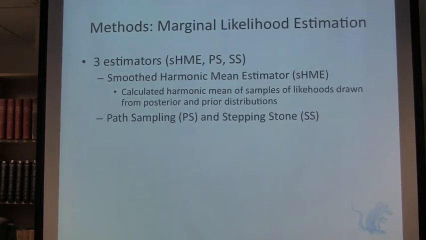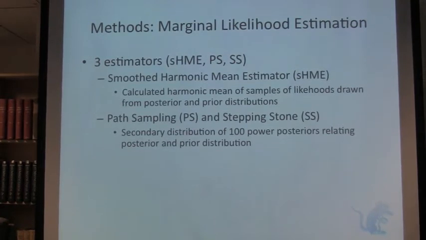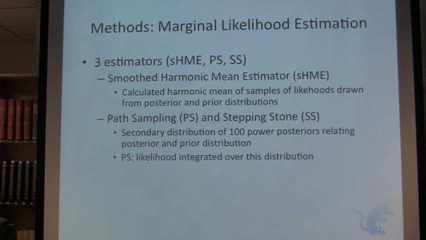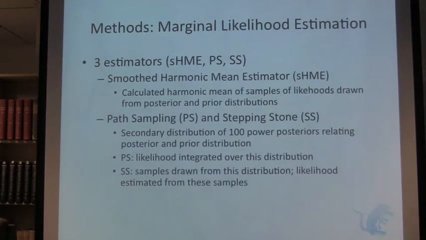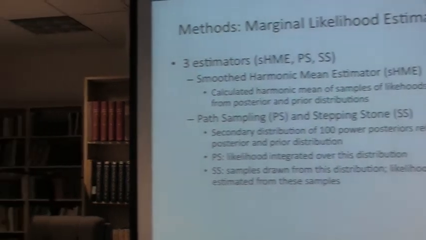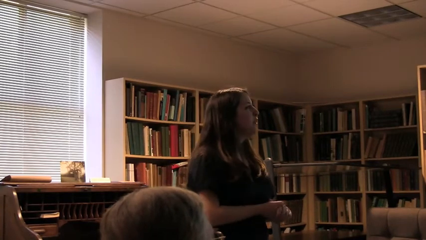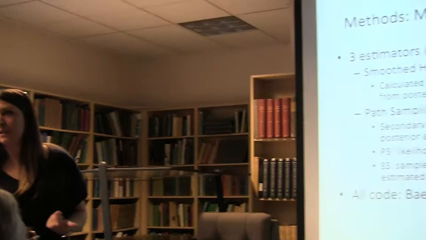For both path sampling and stepping stone, I inferred a secondary distribution of 100 power posteriors that related the posterior distribution back to the prior. For path sampling, the likelihood was integrated over this resulting distribution, and for stepping stone, samples were drawn from this distribution, and the likelihood was estimated from this subsample. And all code for this marginal likelihood estimation is credited to Baele et al. 2012 and was run in Beast.